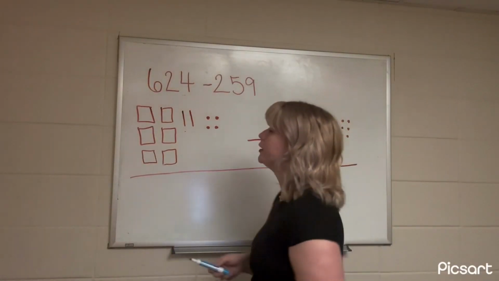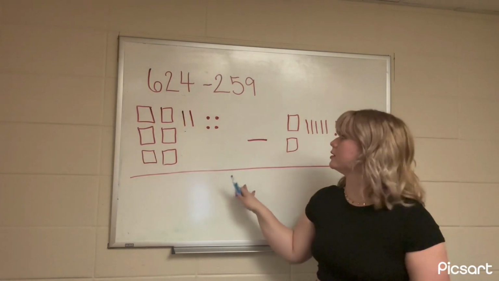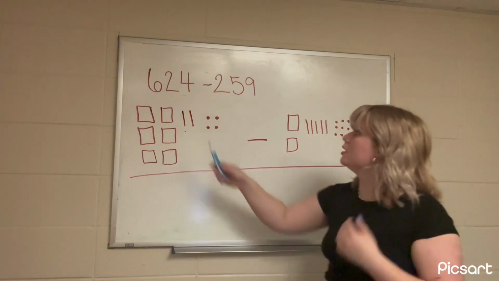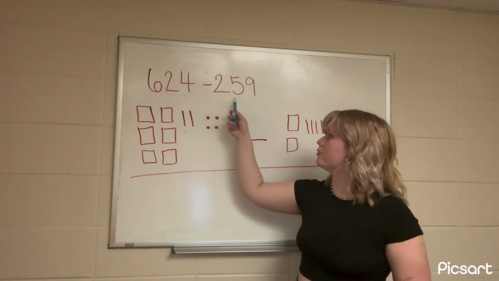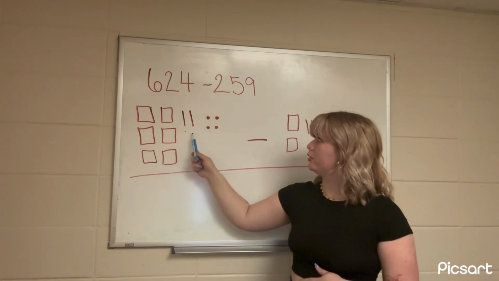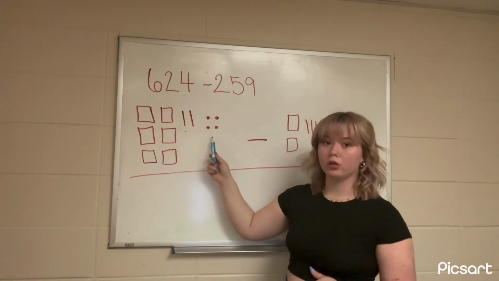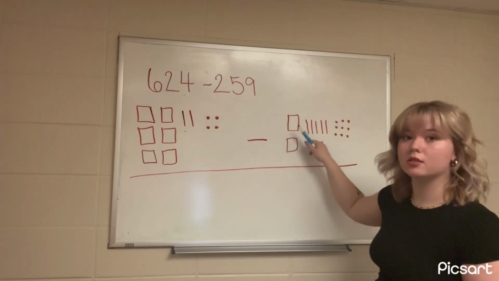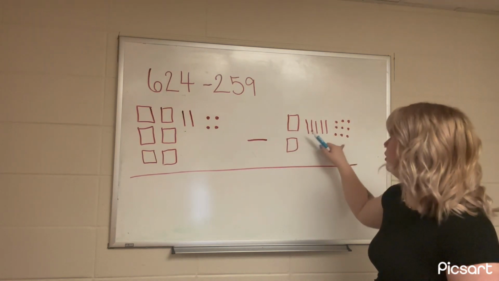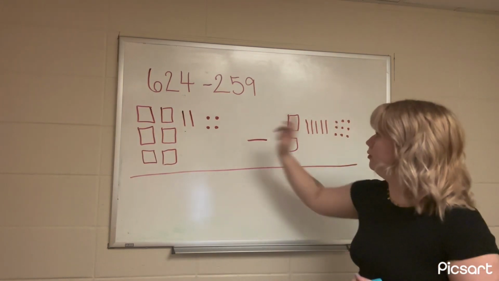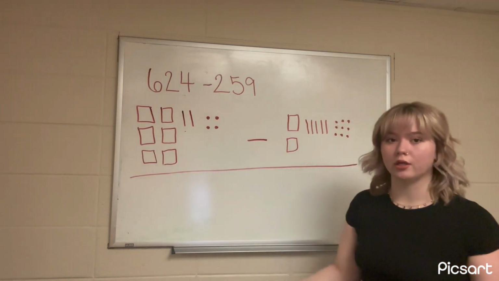I will now be demonstrating how to subtract using base 10 blocks. For this equation, we have 624 minus 259. So we have 6 flats, 2 rods, 4 units, and then on this side we have 2 flats, 5 rods, and then 9 units. First thing we have to do is subtract 9 from 4, which we cannot do.